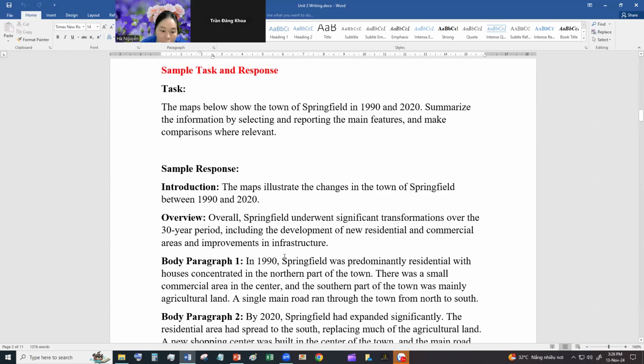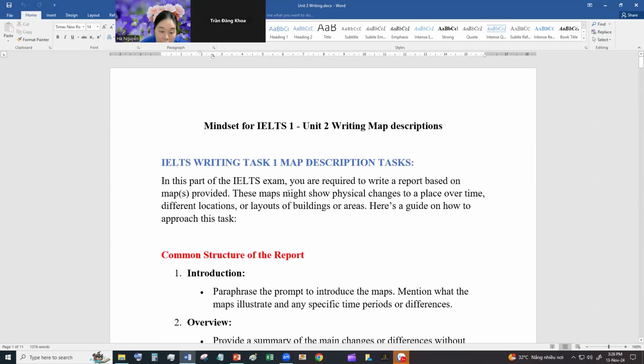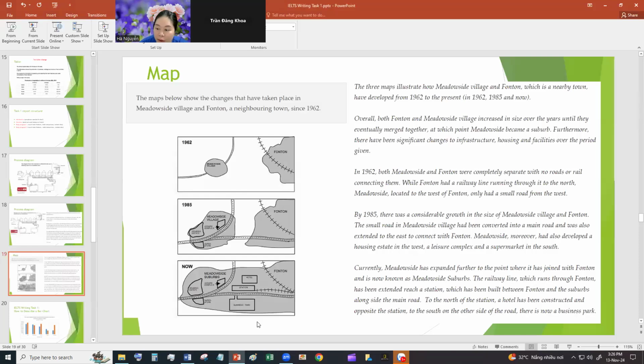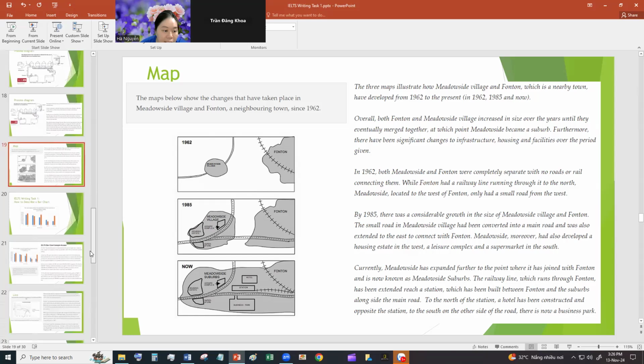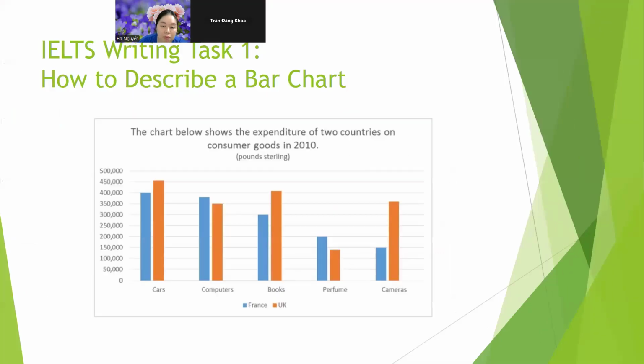There are more. So I will send you the file and you can read for me. So how to write map description task in detail. All right, now the rest, I will go quickly through it and you can have a look in your free time at home, okay? Right, so next up, we have gone through process and map, right?